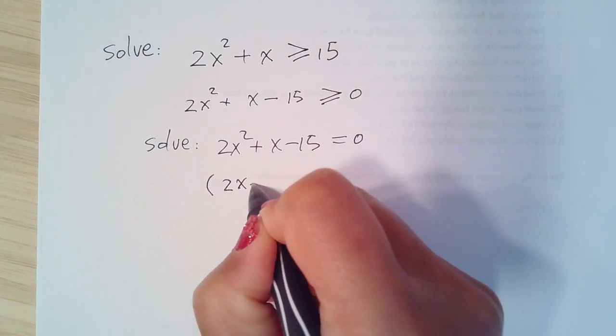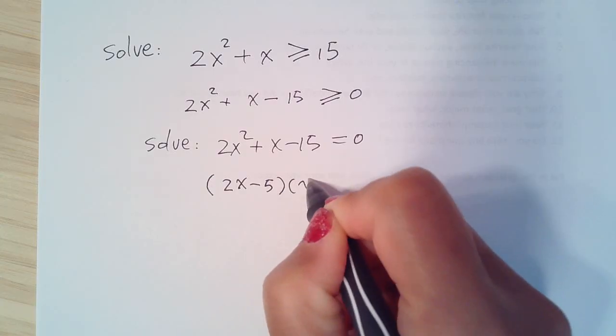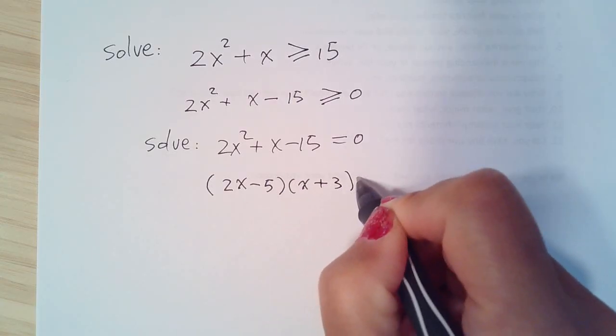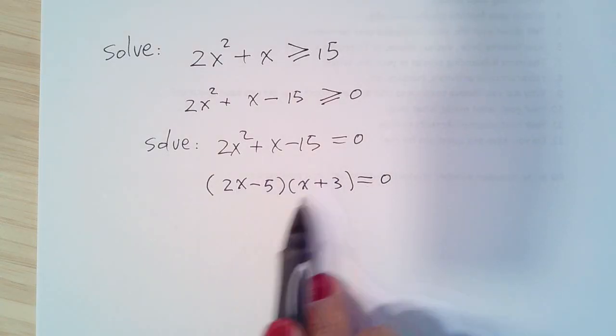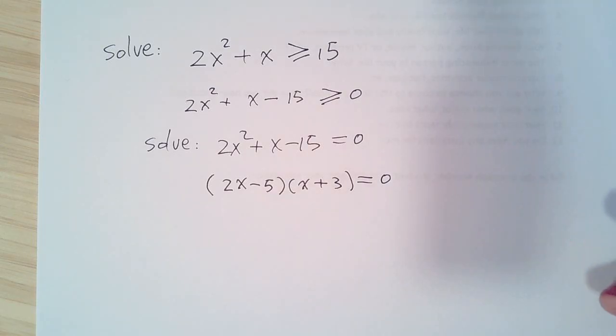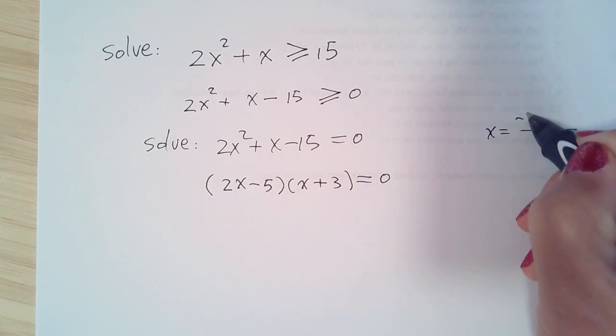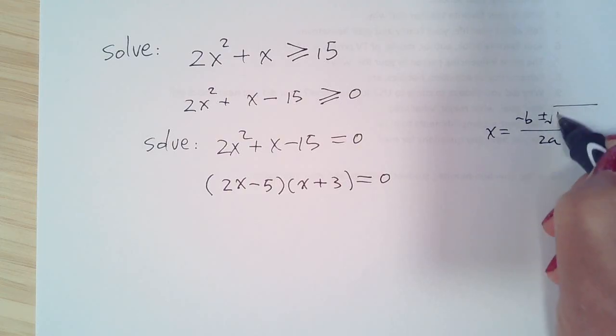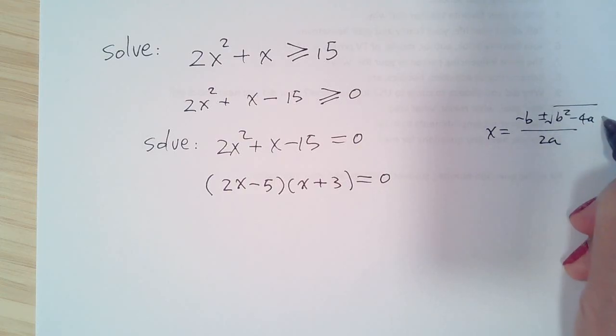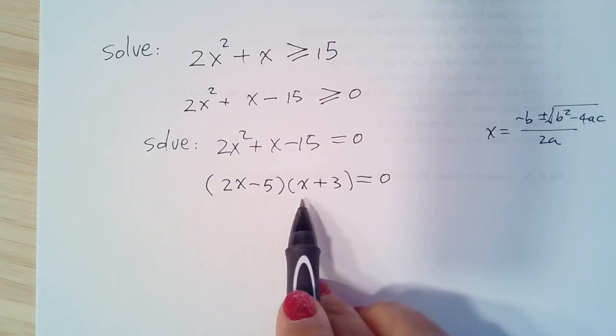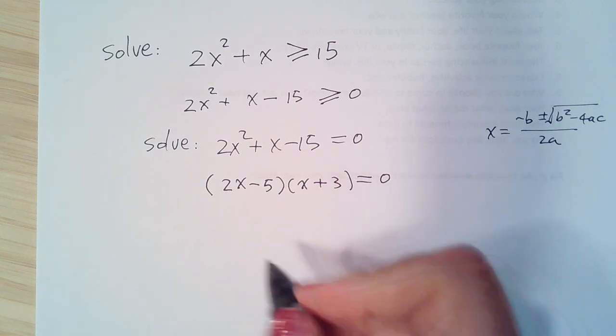You get 2x minus 5 times x plus 3 equals 0. If you're not familiar with factoring, then of course you can use x equals negative b plus or minus the square root of b squared minus 4ac, all over 2a. I repeat this so many times, I hope that you can remember. But anyway, we use factoring and we got that.